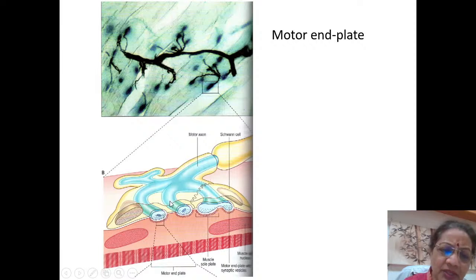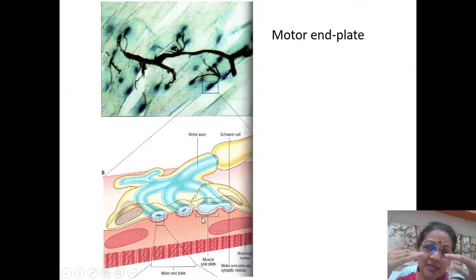So the motor axon here is dividing into its final branches, and it is landing on the surface of the muscle cell, right? Where it is landing on the surface of the muscle cell, there seems to be a zigzag kind of situation. That means the muscle myolemma, the cytoplasmic membrane, is thrown into a bunch of folds, increasing the surface area essentially.